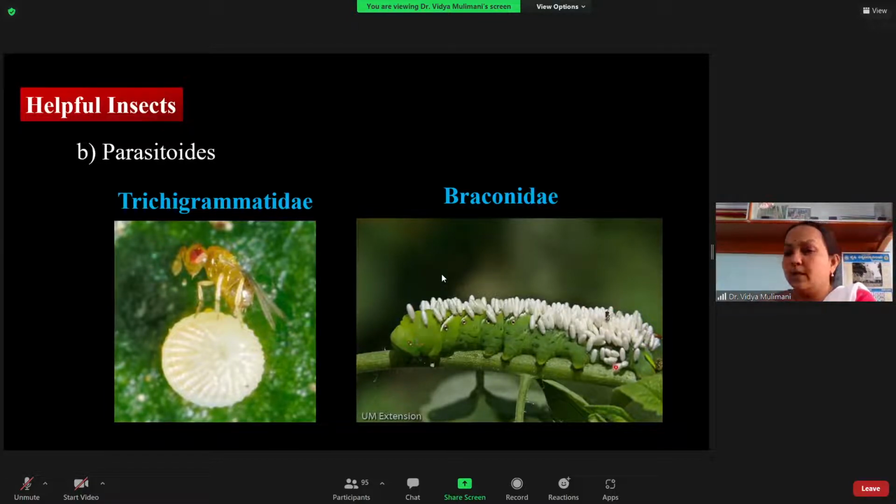This is a caterpillar where the parasitoid has laid the egg into the caterpillar, has fed on it, and these are the cocoons. So this is a parasitoid. That means they complete their life cycle on a single host. The parasitoid depends on the host for both food and shelter, and the adult is free living. So that is the difference between the predator and the parasitoid.